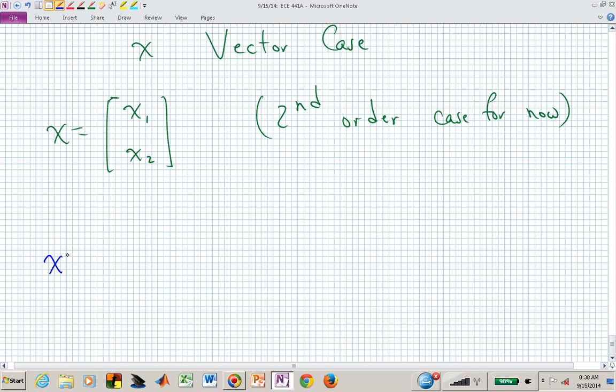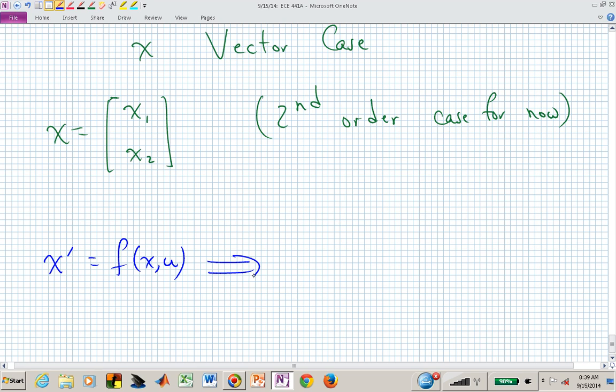What do we have? We now have x prime equal to f of x, u. That's the same. But now x is tall and thin. F has to be tall and thin to be compatible with x.